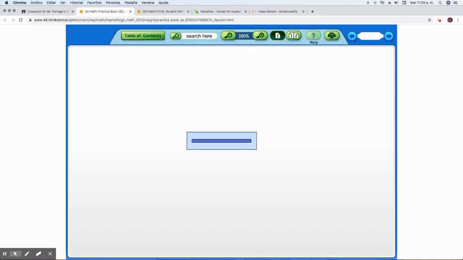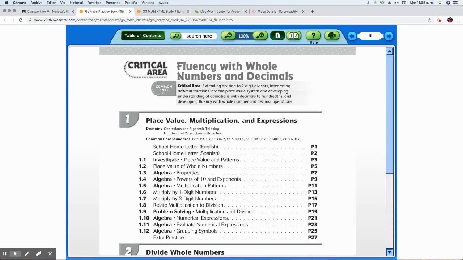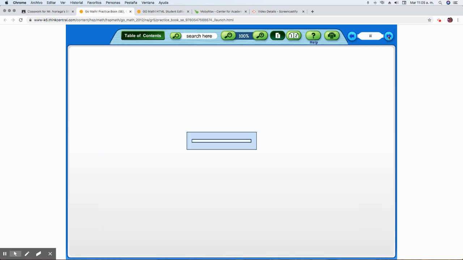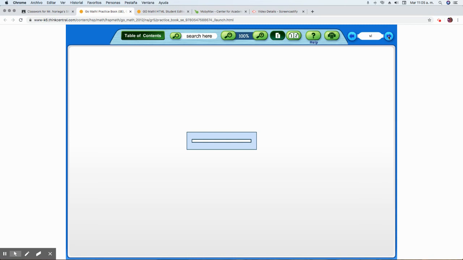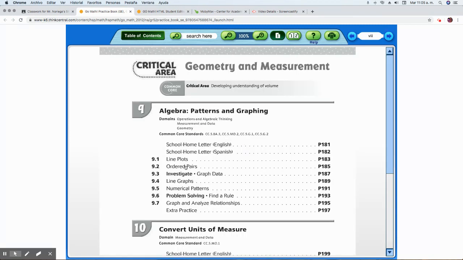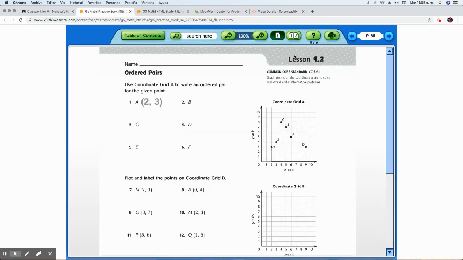You go to the table of contents. We are working on chapter 9 now, so we find chapter 9, and you are going to do lesson 9.2, which is on page 185.